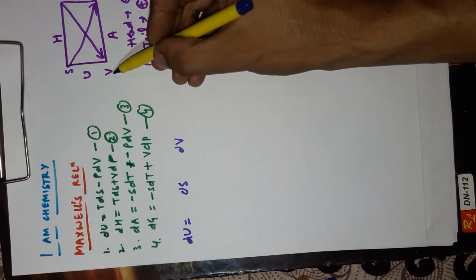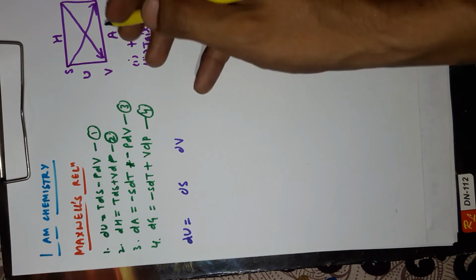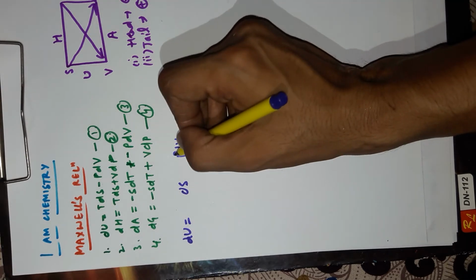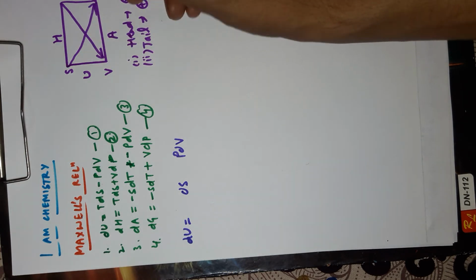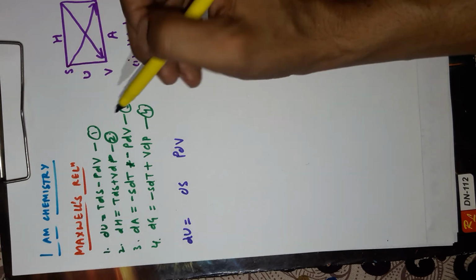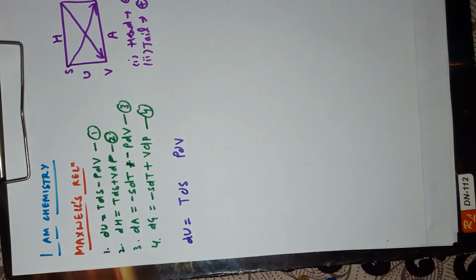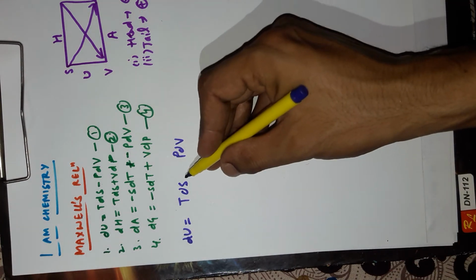Then in the diagonal relationship of volume we have P, and in the diagonal relationship of S we have T. Now we have to put the sign between them.